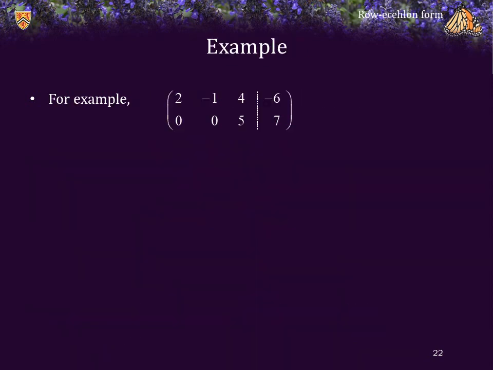So, for example, let's take a look at this system of 2 equations and 3 unknowns. M is equal to 2, N is equal to 3, the rank of the matrix is 2, and consequently the number of free variables is n, or 3, minus the rank 2, which is equal to 1.